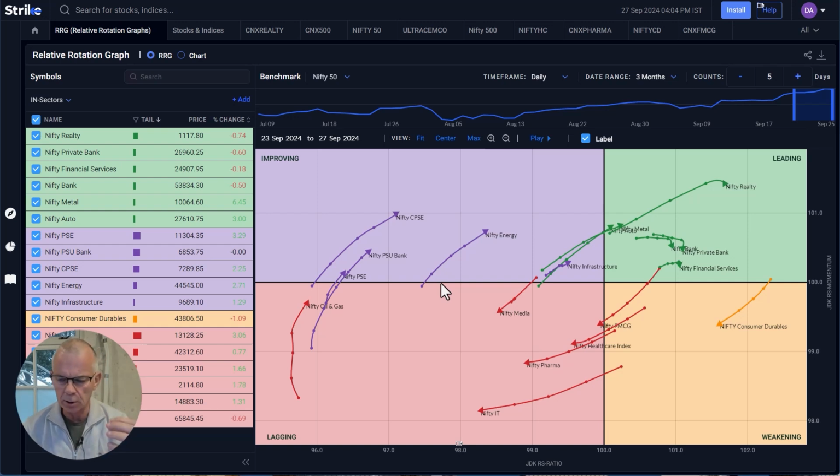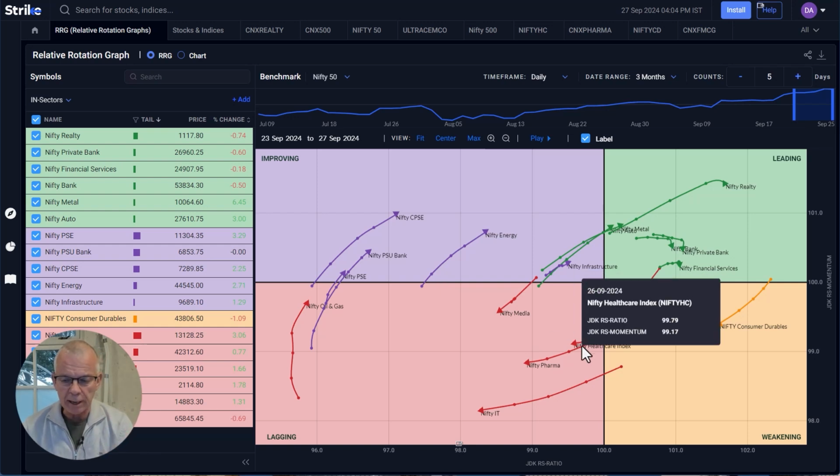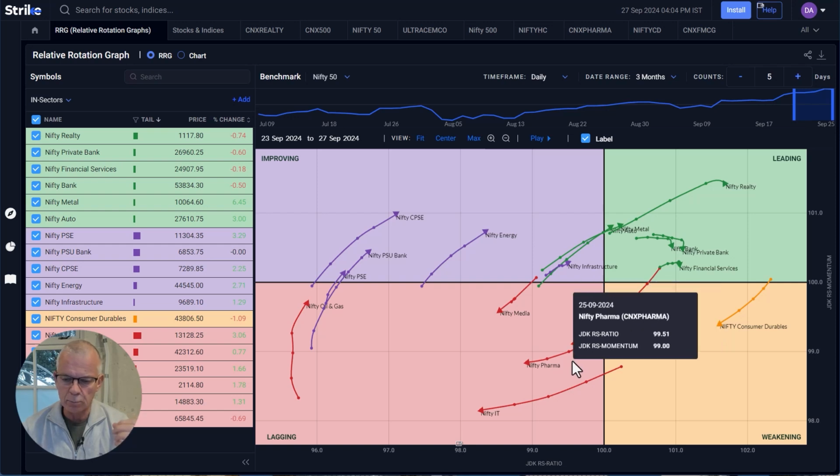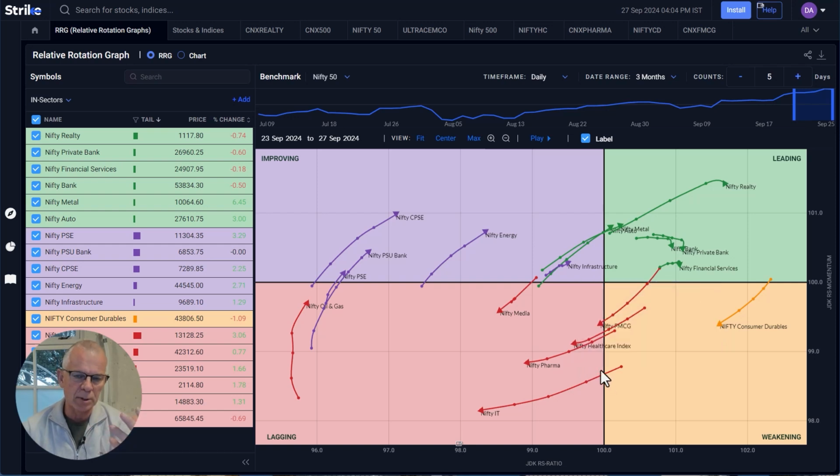It's the best of both worlds. If you go the opposite direction, so you go southwest, then that's the opposite. You're losing in terms of relative strength, relative trend, and you're losing in relative momentum. Sectors like media or FMCG healthcare are on that path right now.